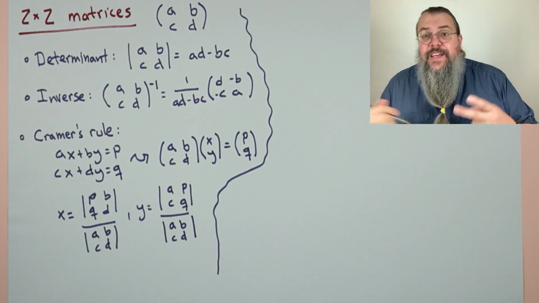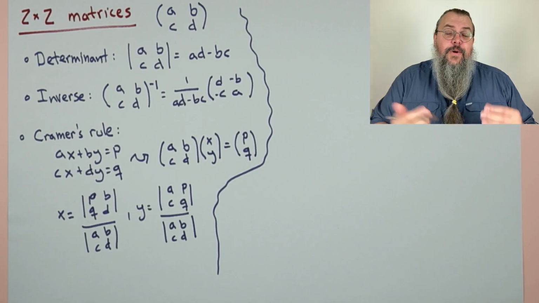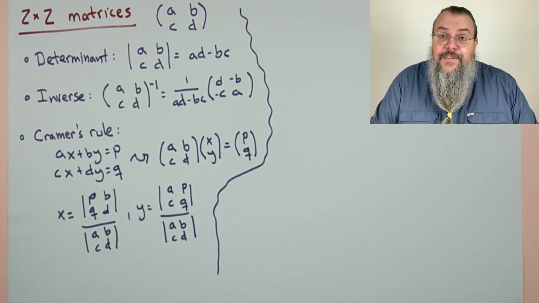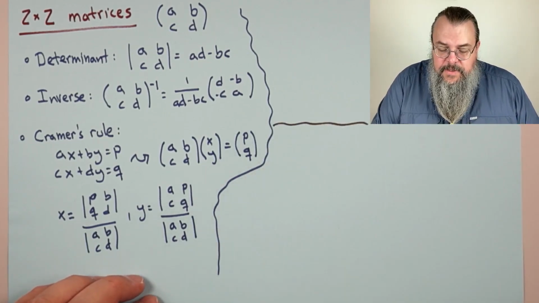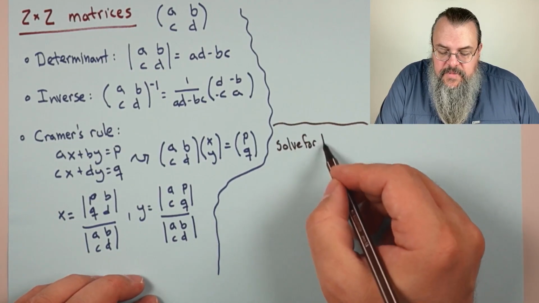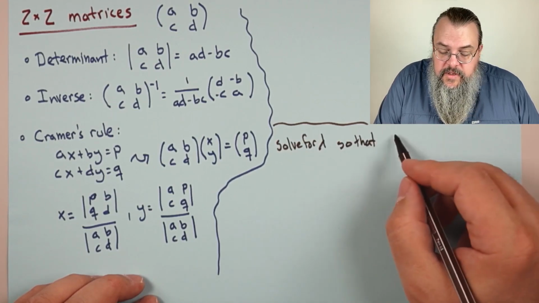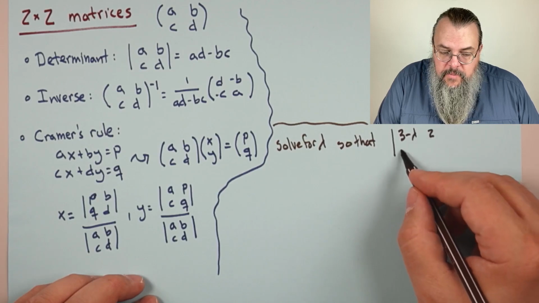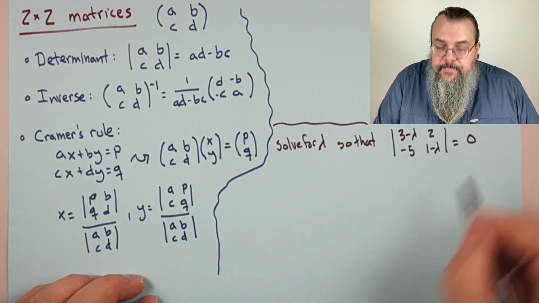just 2 quick examples. Like I said, we're going to go through this much more thoroughly when we get to this point in the course, but it's good to do an example. Suppose we ask the following: solve for lambda so that when we take the determinant of 3 minus lambda, 2, negative 5, 1 minus lambda, we get 0.